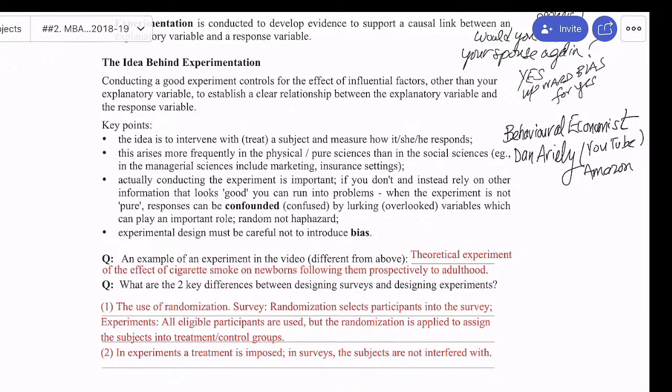The main one that you need to know is that in experiments we actually treat the subjects in the treatment group with the treatments. If they're human subjects, we need to control against the effects of possible placebo effect.